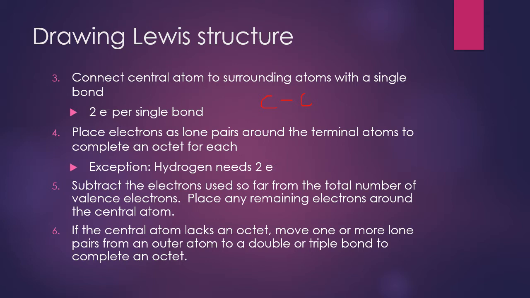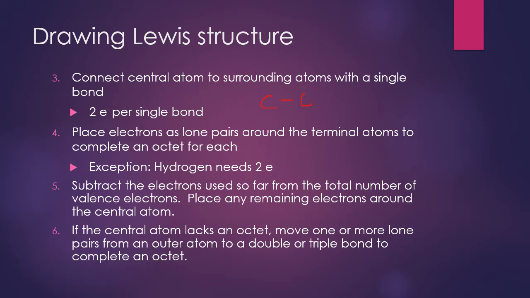Once you figure out what your bare bones structure looks like, with everything connected with single bonds, you might find that you have extra electrons left based off your initial calculation of your valence electrons. If you have extra electrons left, you want to start placing those on the terminal atoms first.